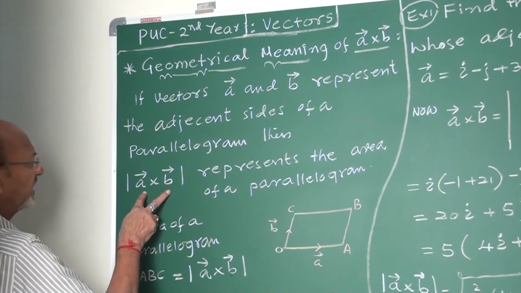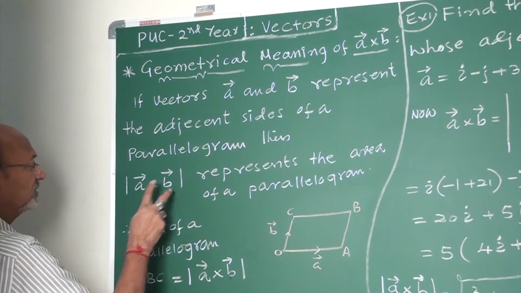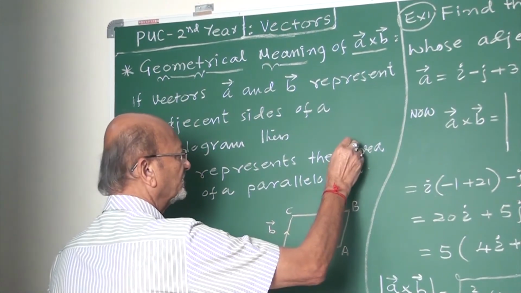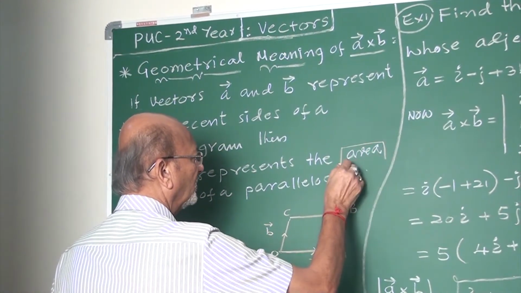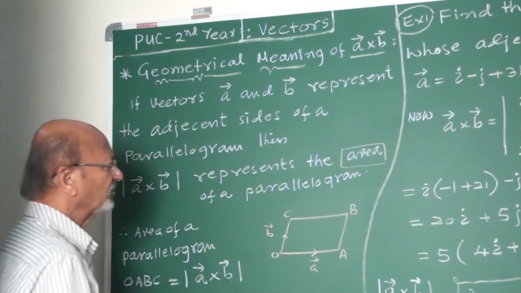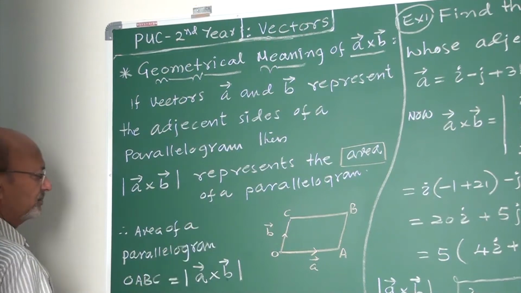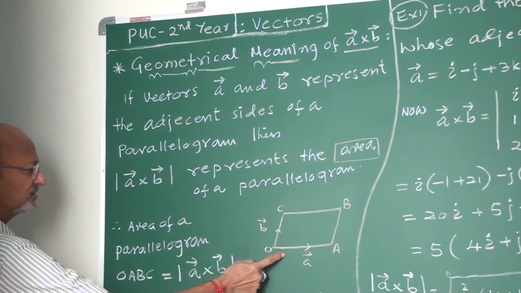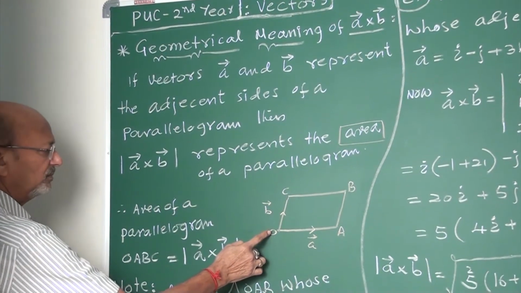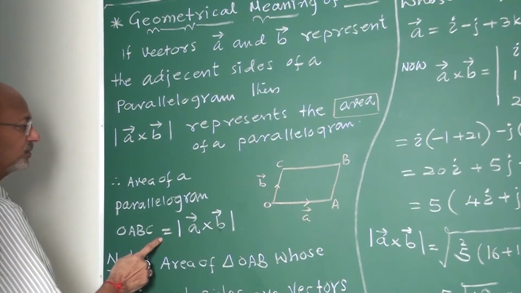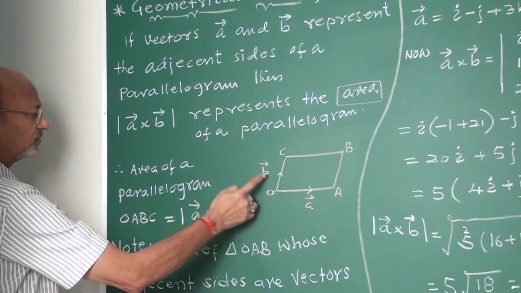Then the magnitude of A cross B represents the area of the parallelogram. Therefore, the area of the parallelogram OABC equals the magnitude of A cross B.